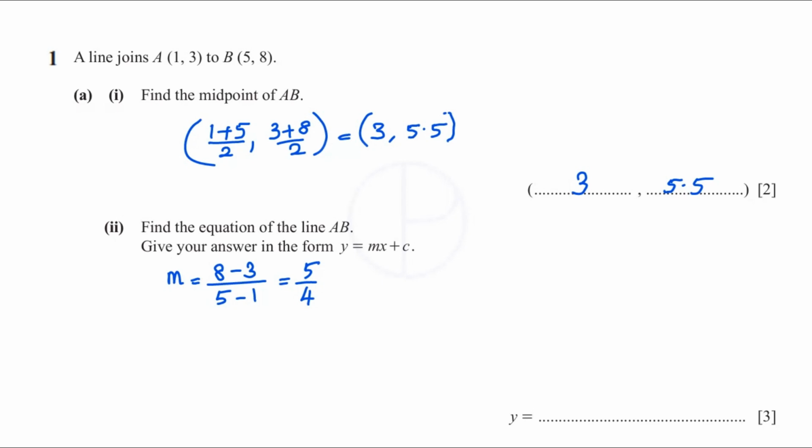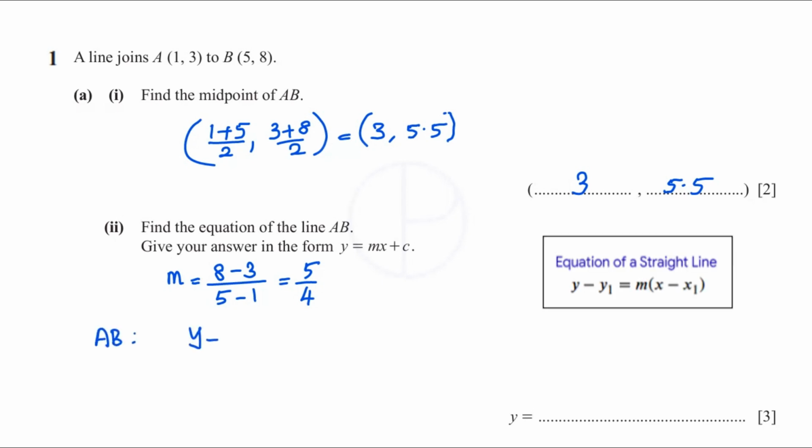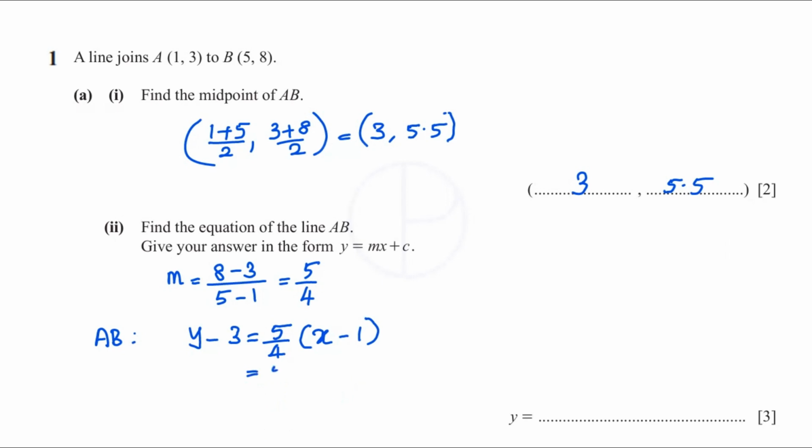So the equation of AB is y minus y1. We will take the coordinate of A as x1, y1. So y minus 3 is equal to 5 over 4 times x minus 1. Now expand the brackets. 5 over 4 x minus 5 over 4. Now bring the minus 3 to the right hand side. It will become plus 3.